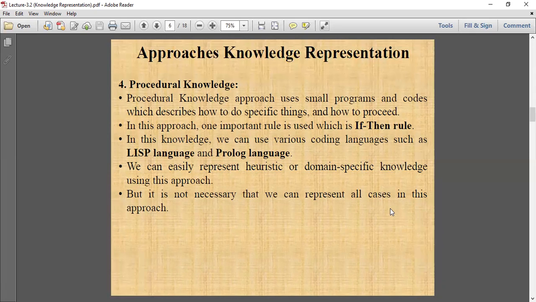In this knowledge, we can use various coding languages such as Lisp and Prolog. We can easily represent heuristic or domain-specific knowledge using this approach. But it is not necessary that we can represent all cases in this approach.